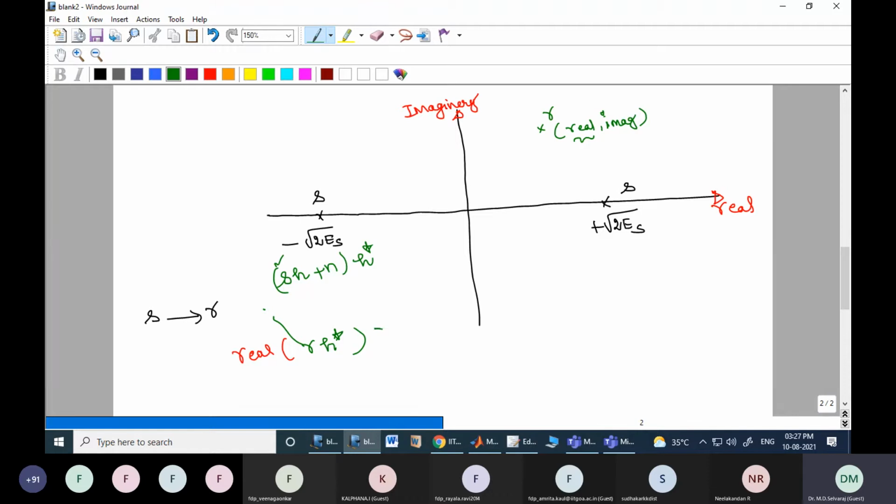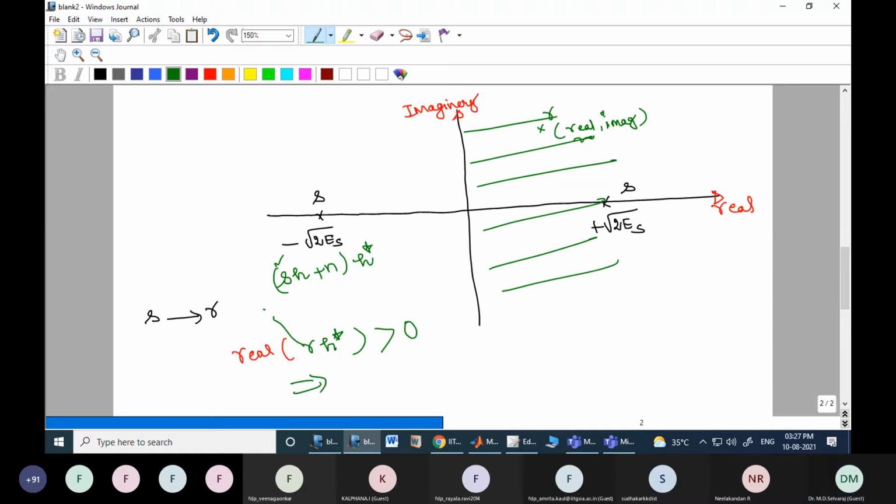The real of R into H star, if it is greater than 0, that means the received symbol is on this side. This implies the transmitted symbol, or the detected symbol, is equal to plus square root of 2s. Else, if it is lesser than 0, then it is minus square root of 2s.